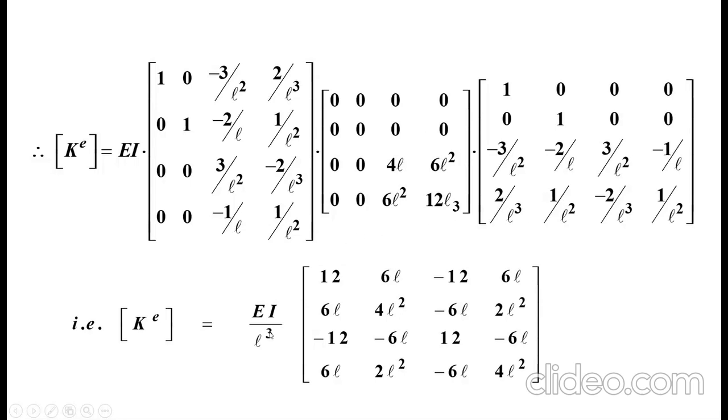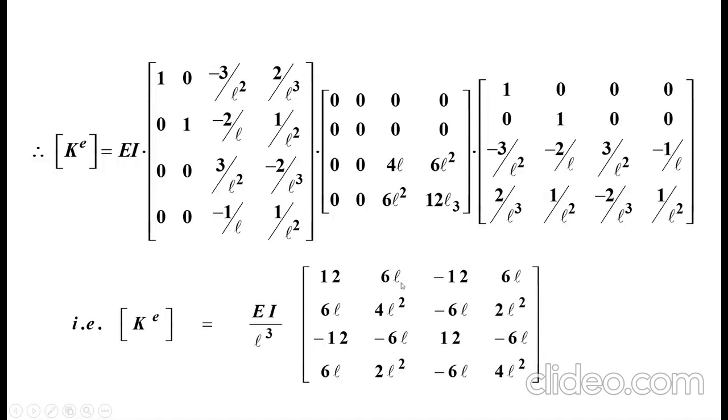The final matrix will be: 12, 6L, minus 12, 6L; 6L, 4L squared, minus 6L, 2L squared; minus 12, minus 6L, 12, minus 6L; 6L, 2L squared, minus 6L, 4L squared.